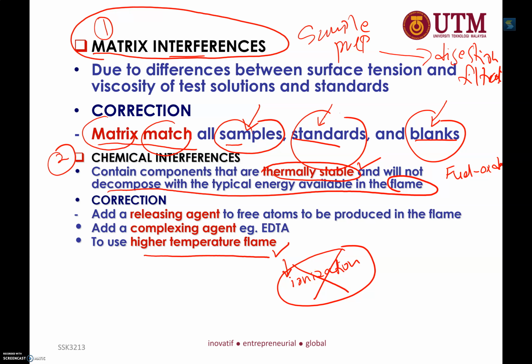But what if your lab doesn't have nitrous oxide-acetylene gas that can give 2500 degrees C? You can always add a complexing agent such as EDTA, which helps reduce thermal stability. That's what we call a releasing agent, allowing free atoms to be produced in the flame. That's the chemical interference.